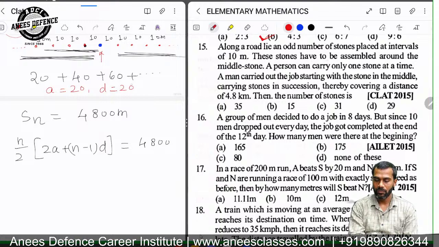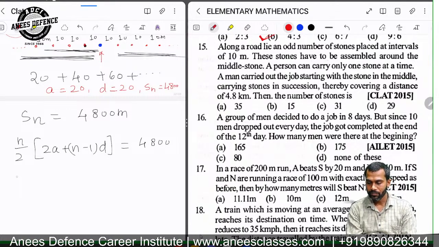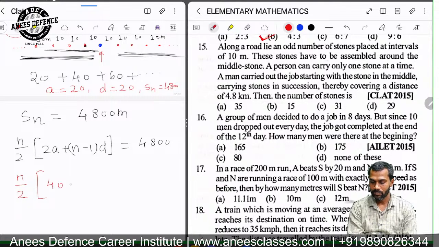Very good. So n by 2, into 2 times 20, 40, plus n minus 1 into 20, equals 4800.